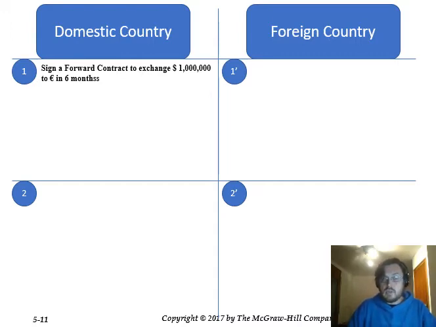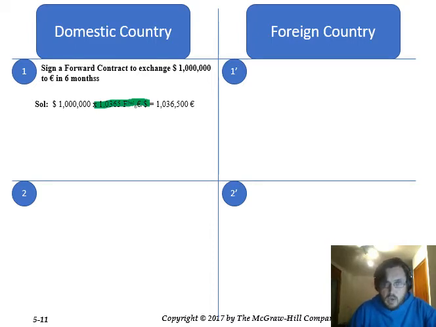So the first thing that we need to do is sign a forward contract to exchange the money in 6 months. We are multiplying because the currency that we are trading is at the bottom of the chain rate, over here, and since we are multiplying, we are using the bid. So that's going to give us 1,036,500 euros in 6 months.